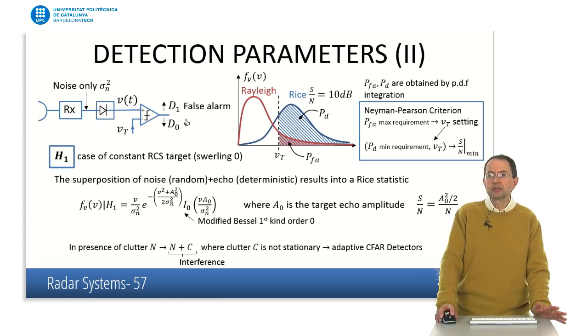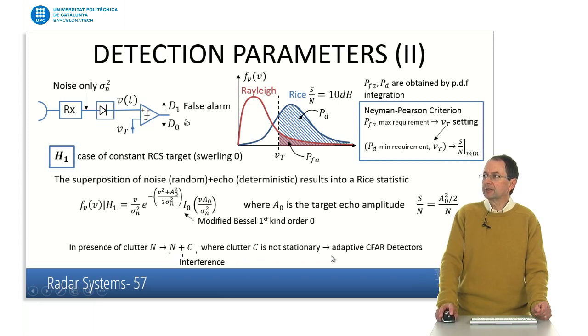What happens in the first 20, 30, 40 kilometers around the radar is that we frequently have interference from clutter. Mountains, forest, sea clutter or land clutter provide an interfering echo signal, which is also modeled as a statistical process, and this means the interference is not stationary.